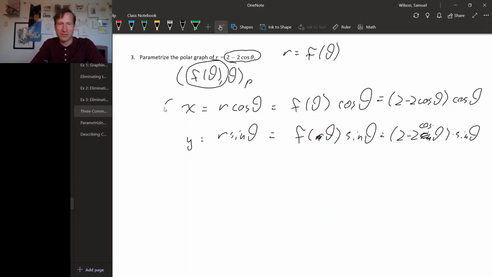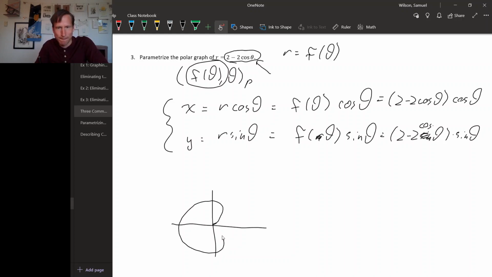So these parametric equations would actually trace out that polar graph. And if you remember, this polar graph turns out to be a cardioid, so something like this. So those are 3 tricks that are commonly used to write down parametric equations for some common situations.